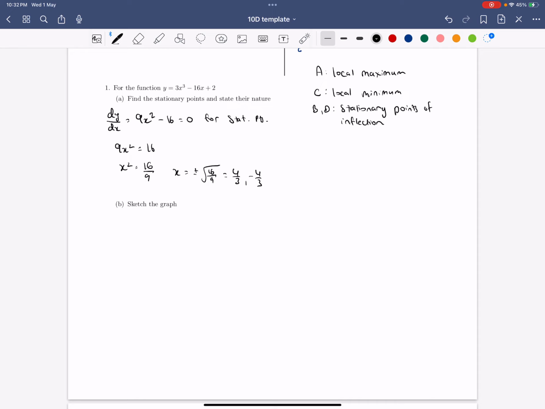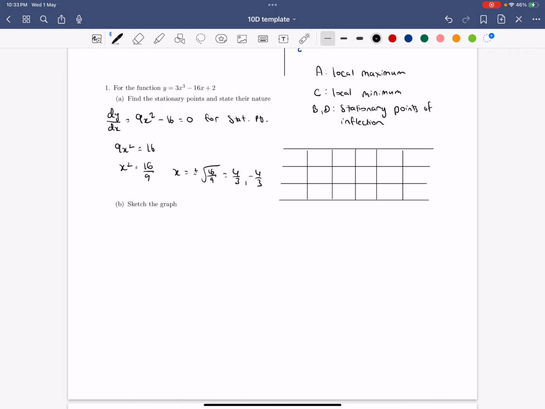So how do we state the nature of stationary points? I like to draw a little table that looks like this. So I draw 4 lines, and a few lines here as well.